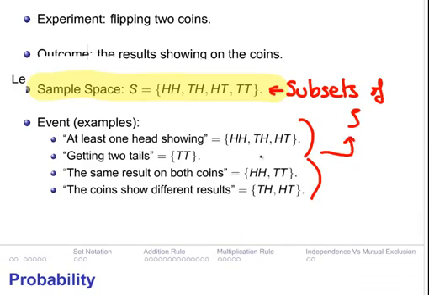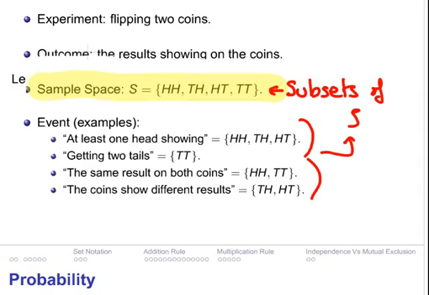So at least one head showing, or getting 2 tails, or the same result on both coins, or different results, and so on. So essentially, the events are just subsets of the sample space. That's how we could look at it.